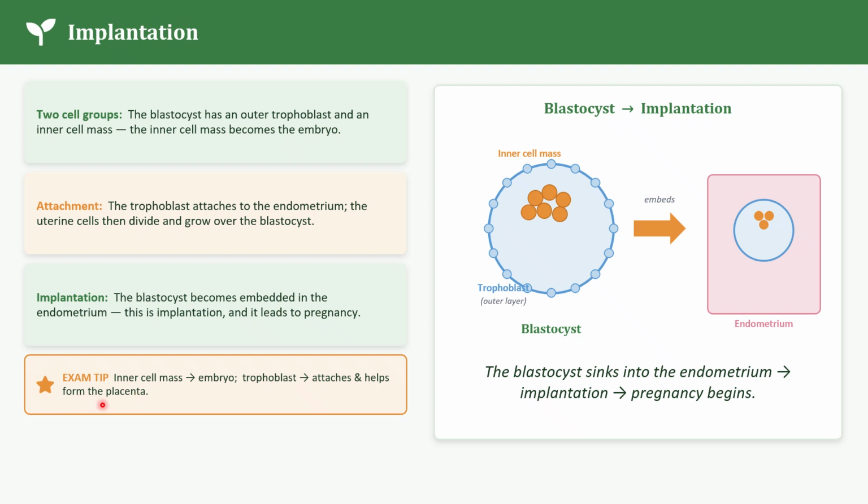From the exam point of view, implantation occurs in the endometrium of the uterus. Trophoblast forms the placenta and the inner cell mass develops into the embryo.